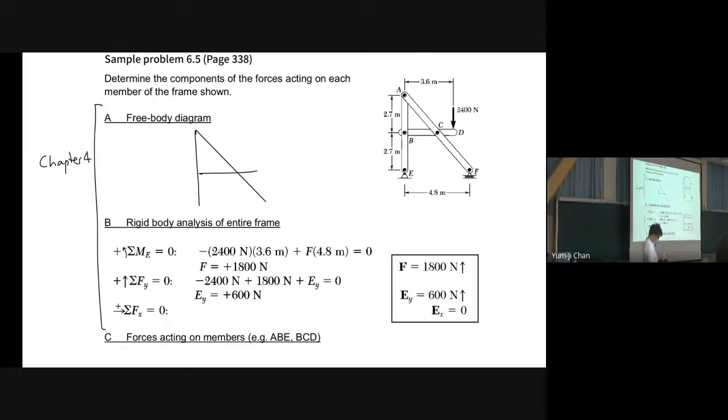And we have points A, B, C, D, E, and F. For point D, we have 240 Newton downward.